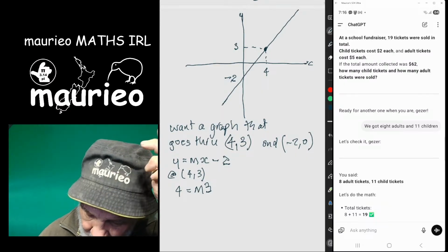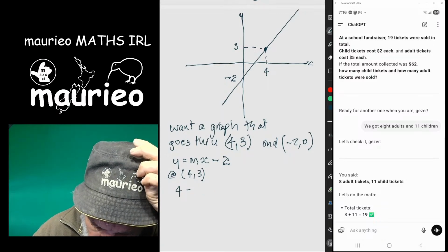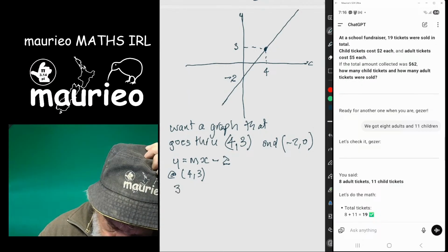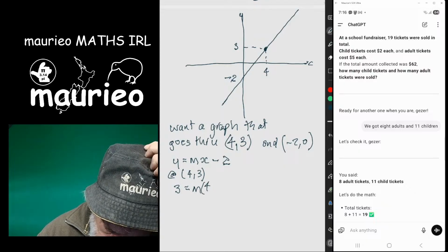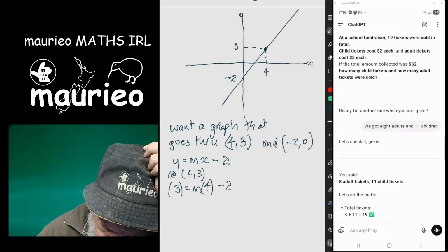Oh, sorry, wrong. I keep getting it around the wrong way. So we can say 3, which is y, equals m4. I'll put those in brackets to see. Minus 2.